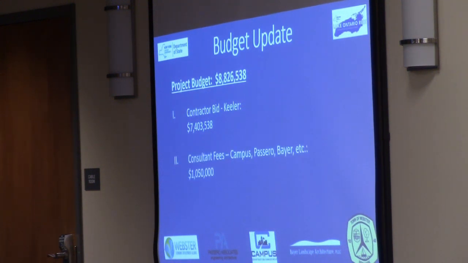That paired with consultant fees for Campus, Passero, Mayor Landscape Architecture, and some other incidental costs, totaled $1,050,000. And of that total construction cost, we take 5% for construction contingency, and that's used for anything that's unforeseen, any changes within the job that covers things like change orders.